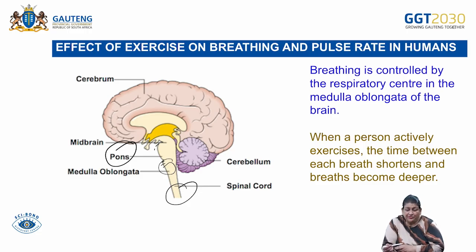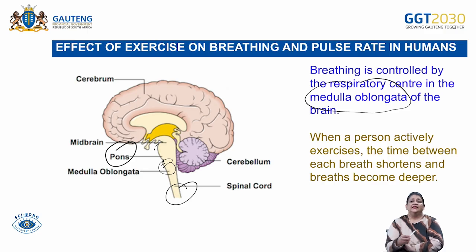All right. Now let's see, what's the effect of exercise on the breathing rate? Breathing is controlled by the respiratory center in the medulla oblongata. Now learners, you must have experienced when you are jogging, automatically your mouth would open. No one can run with their mouth completely closed. You would fall down.